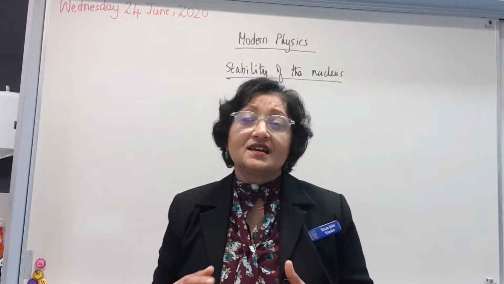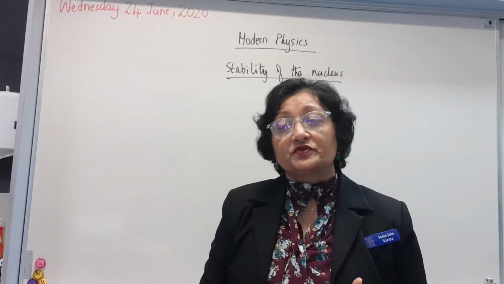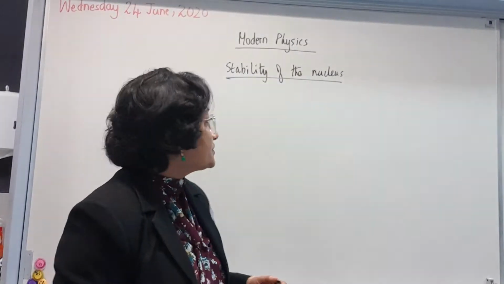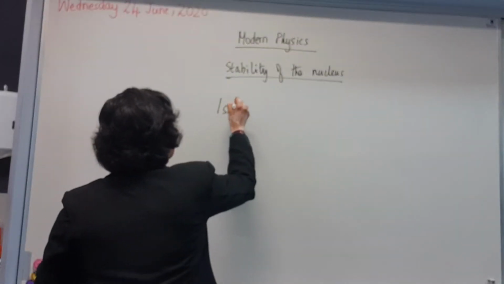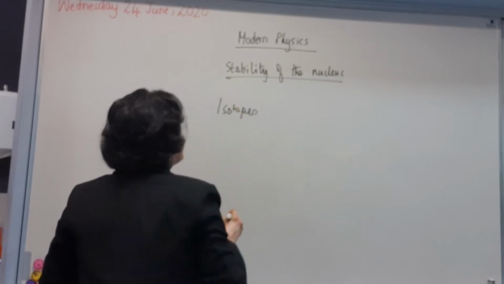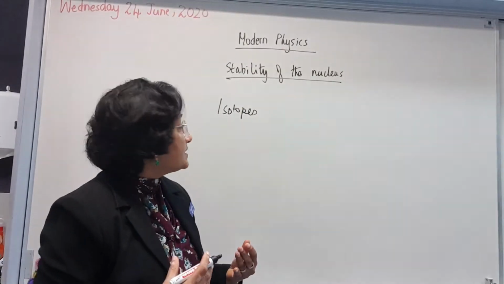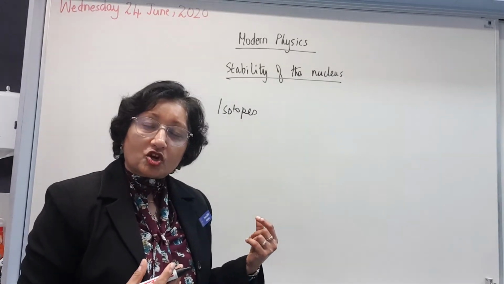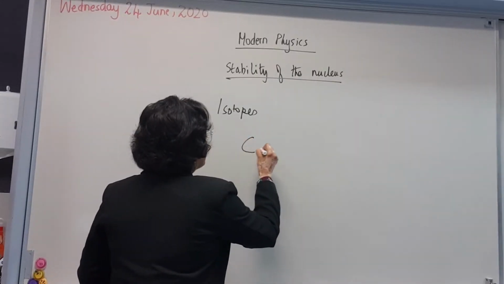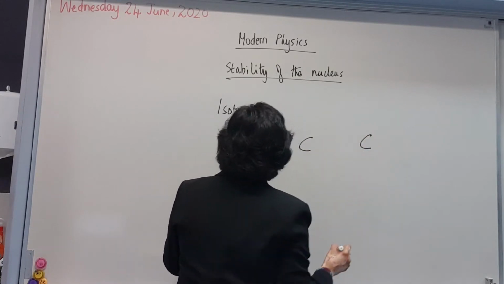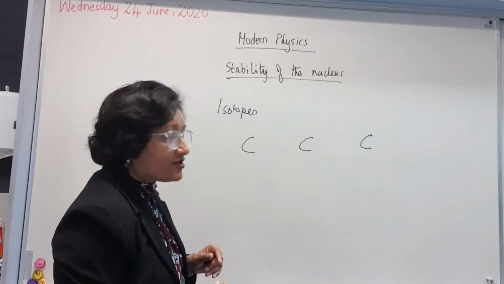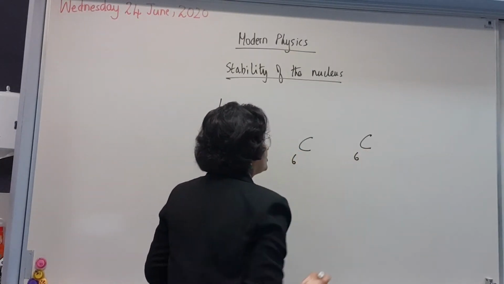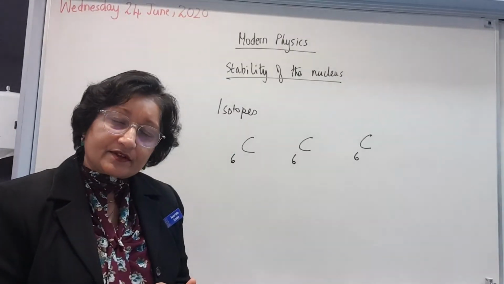Now that actually brings us to isotopes, which are different forms of the same element. So isotopes are those elements, because it's the same element, they all have the same number of protons, or the atomic number is the same. I've written the symbol for carbon 3 times, and they all have 6 protons in the nucleus because they have the same atomic number.